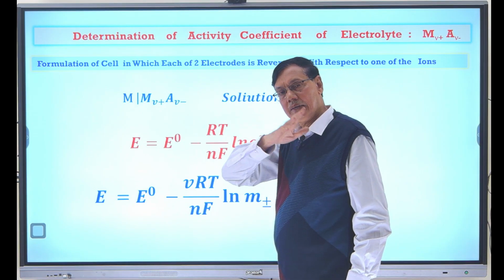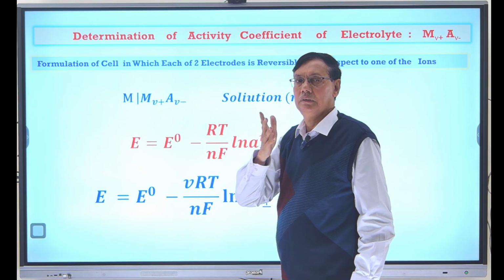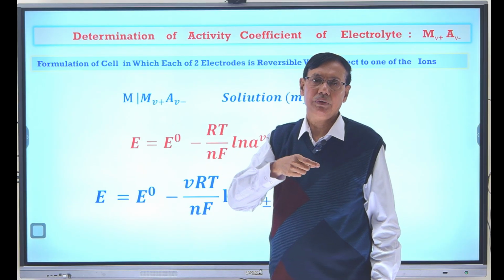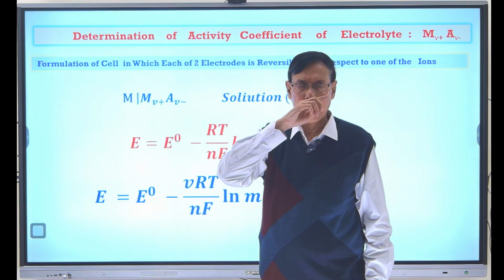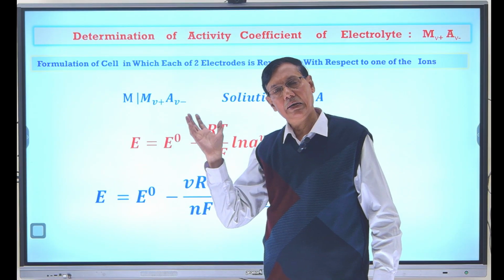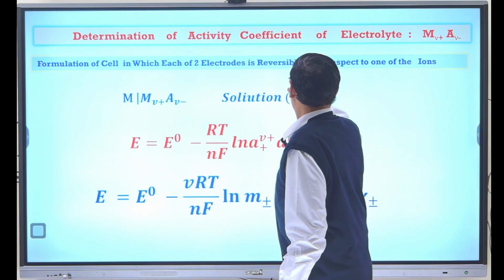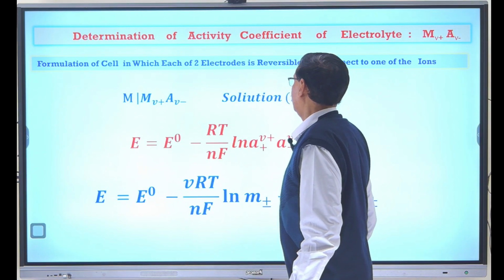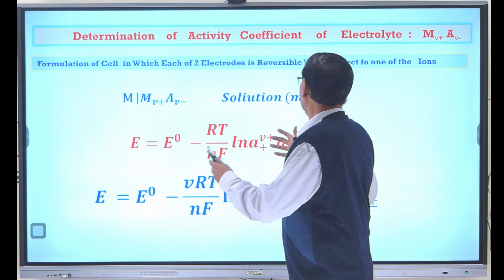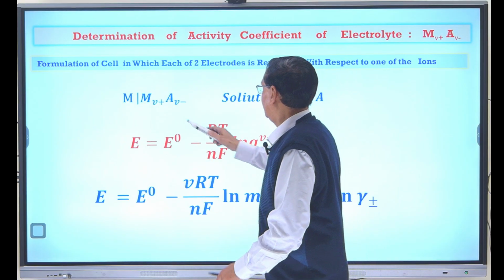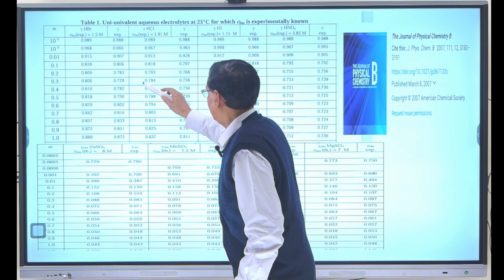Like in that case, I have taken the standard hydrogen electrode and of course a platinum wire is there as conductor, and another cell is silver chloride and silver. So suppose आपके कोई electrolyte है, each of these two electrodes is reversible with respect to one anion. So ये M and M plus.